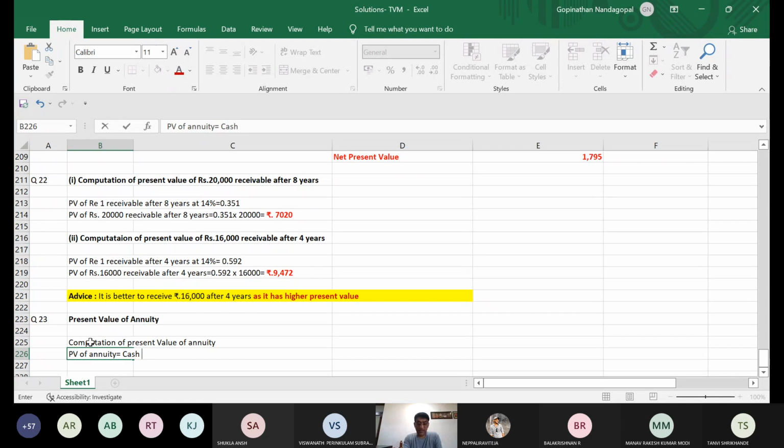Cash inflow into 1 divided by 1 plus R whole power N. Cash inflow is also called an annuity. Okay, this is the formula.